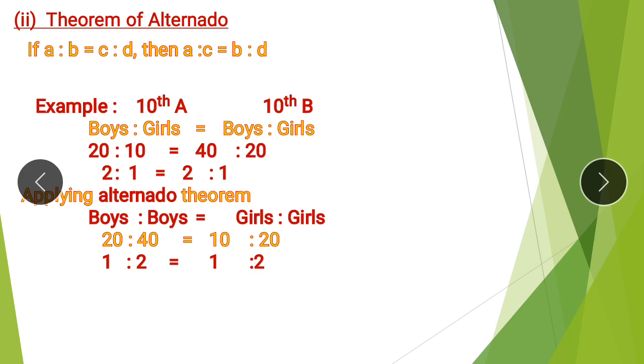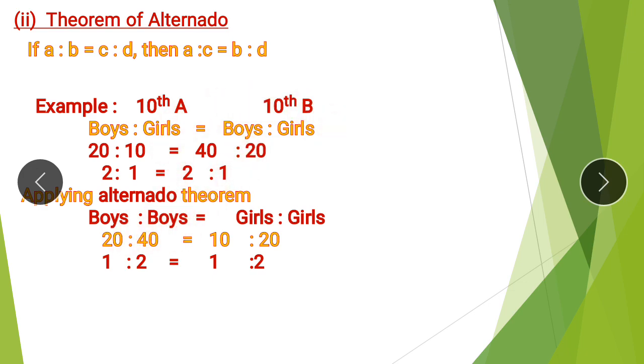We can understand it better with the help of an example. Boys to girls and ratio of boys to girls, again the same example. So let's see the result of applying the alternando theorem. In the alternando theorem, we go with the alternate of that, means boys with boys and girls with girls. We have to go with the third quantity.